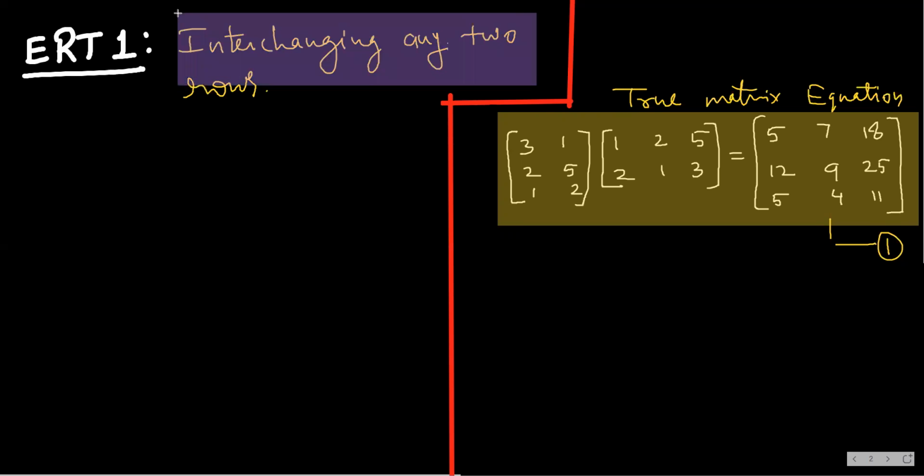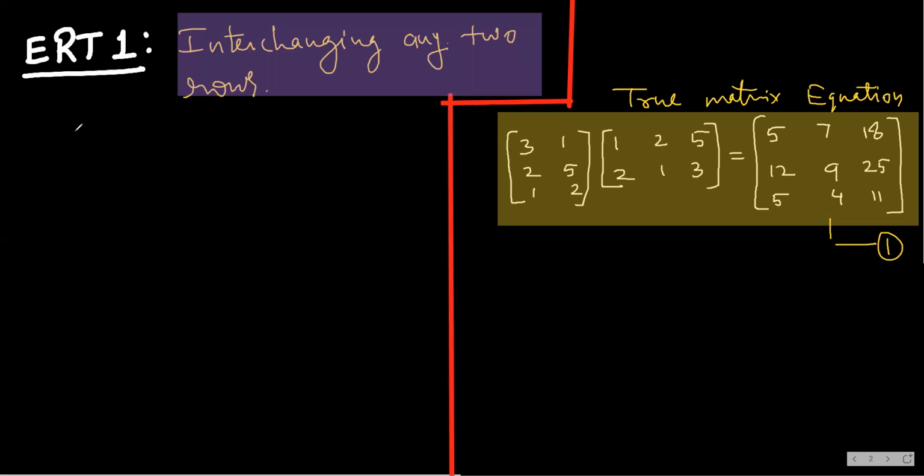What does this mean? If I'm interchanging any two rows, what am I actually supposed to be doing? As I told you, ERT means it has to be on the prefactor matrix, not on the postfactor. So I will interchange any two rows.